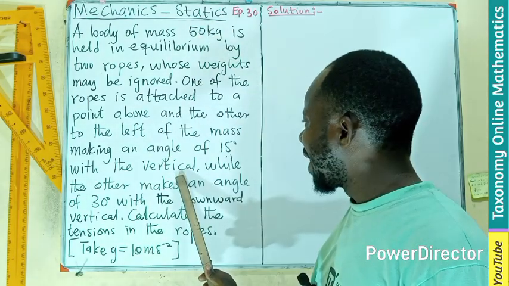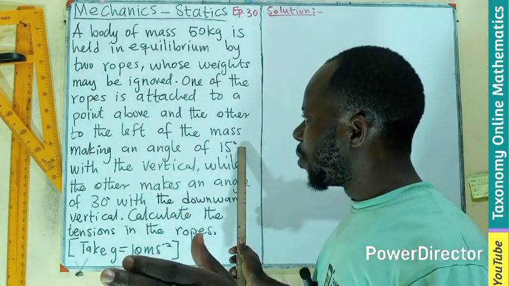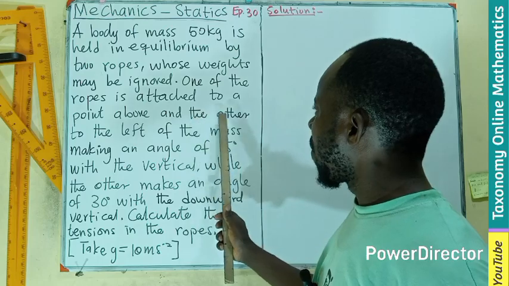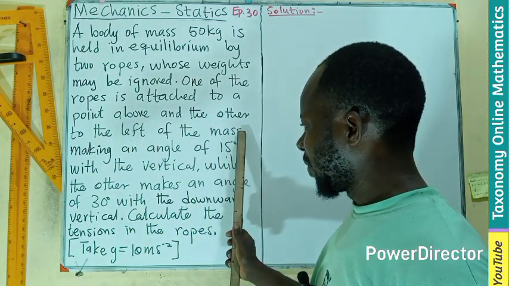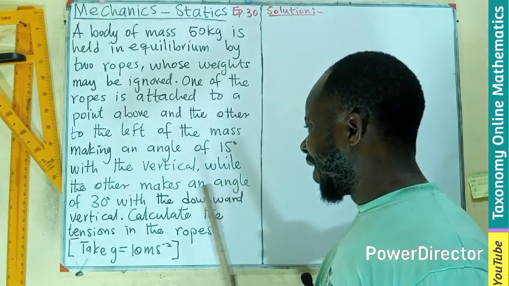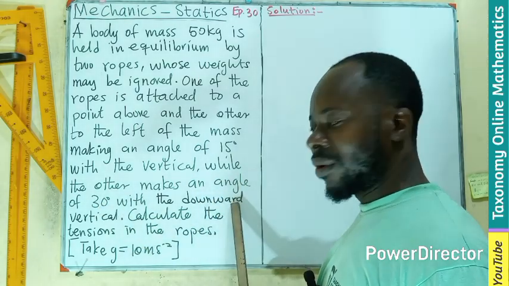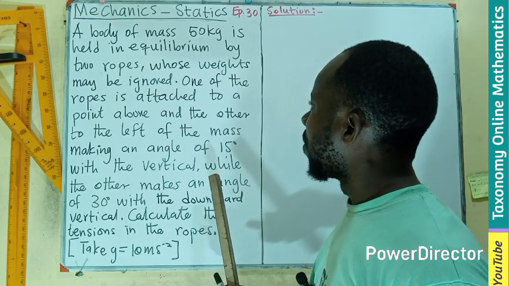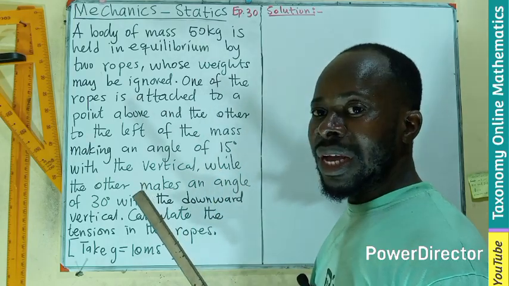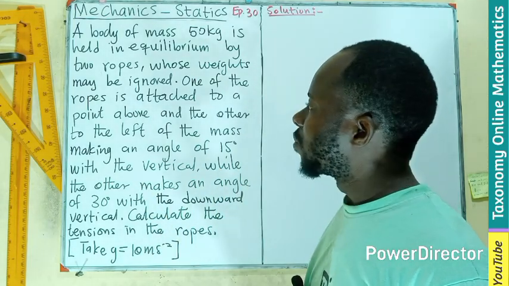And the other to the left of the mass makes an angle of 30 with the downward vertical. So now we see that the 15 is for the first rope and the 30 is for the second rope.